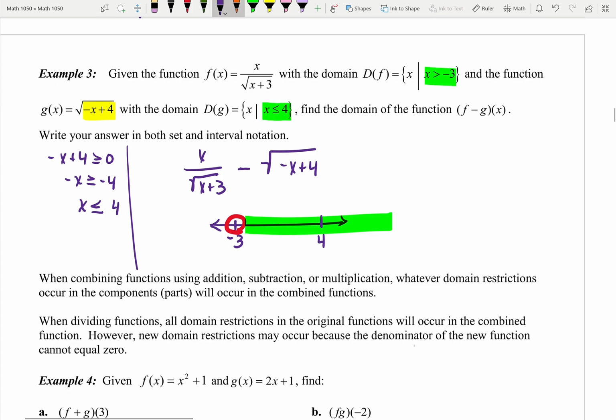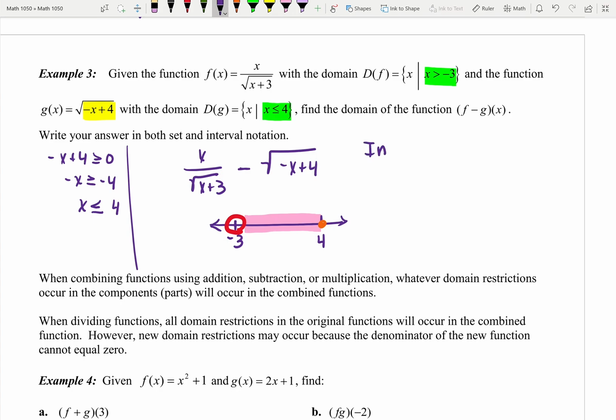It could be equal to, so it's going to be closed, and it has to be less than 4, so it's over here, okay? Now, it has to satisfy both of those things. So what I'm doing is I'm looking for the double shaded region. So the correct answer, the place that it's actually double shaded, is right in between those numbers. So it would be like that, okay?